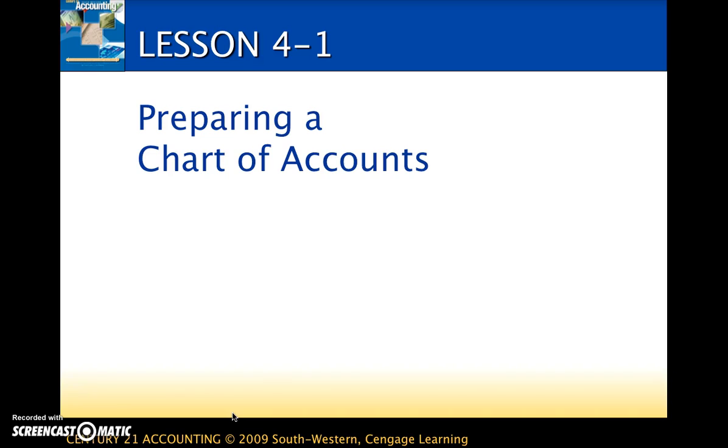We're eventually going to take some of the information from the general journal, and we're going to use that column in the general journal that says post ref. We're going to use that now to take information out of the general journal and put it into our chart of accounts.